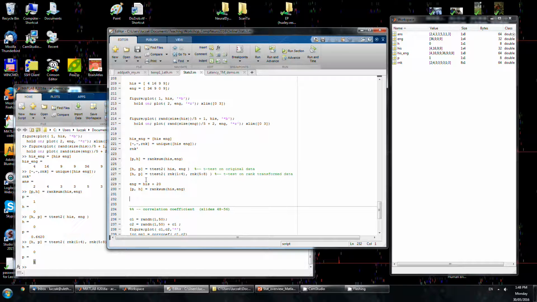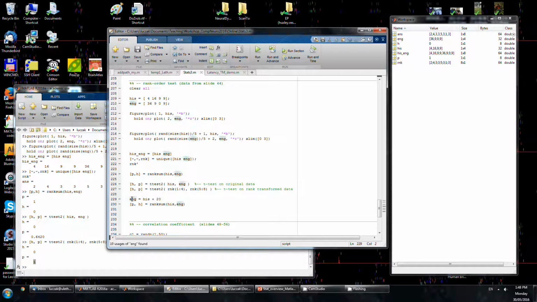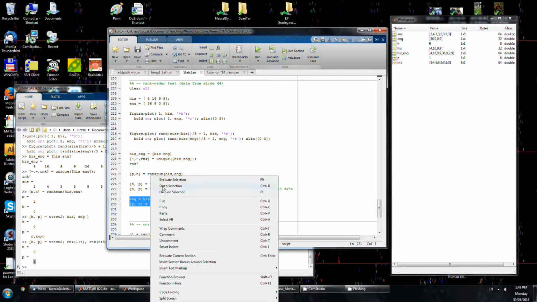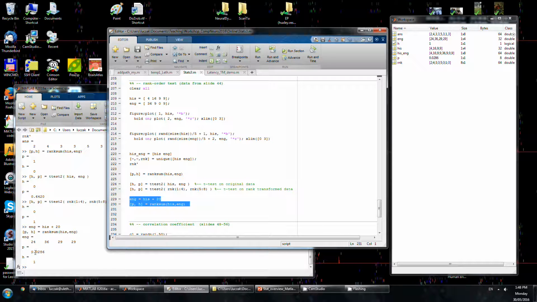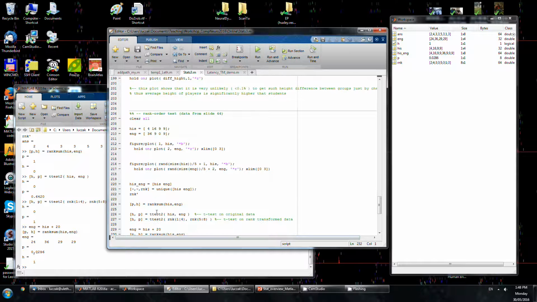But if, for example, we add 20 to the English majors, so they would be reading as much as history majors plus 20 more CDs, then this p-value will be significant. It would be below 0.05.